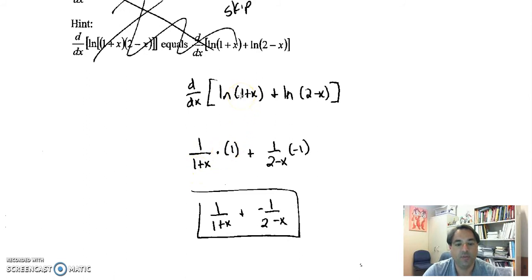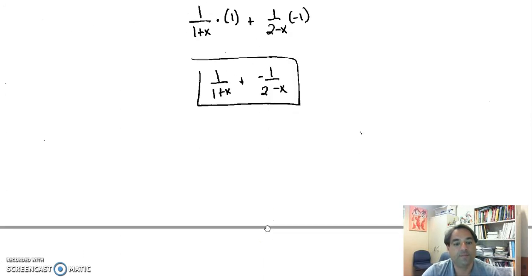Derivative of 1 is 0, derivative of 1x is 1, so the left side would be 1 over 1 plus x, plus, to take the derivative of natural log of 2 minus x, you do 1 over 2 minus x times the derivative. Derivative of 2 is 0, derivative of negative 1x is negative 1, so 1 times negative 1 would be negative 1. So your final answer could be 1 over 1 plus x plus negative 1 over 2 minus x. So again, be careful as we do the rules and use other rules with it.